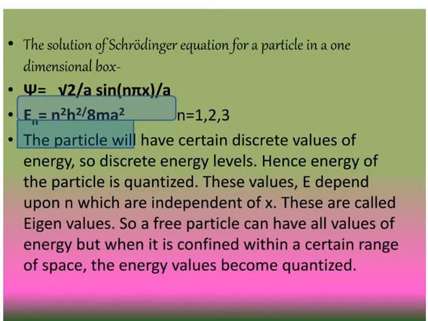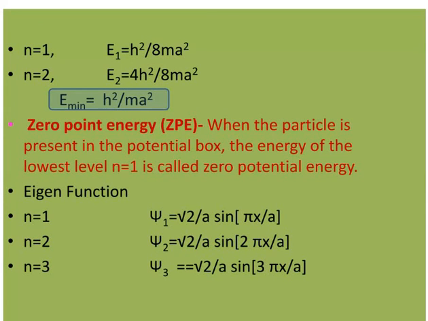So a free particle can have all values of energy, but when it is confined within a certain range of space, the energy values become quantized. So E1 is equal to h square by 8 m a square, E2 is equal to 4 h square by 8 m a square. Why? When you have n is equal to 1 and n is equal to 2, they have different energy. So E minimum is equal to h square by 8 m a square, the lowest energy.